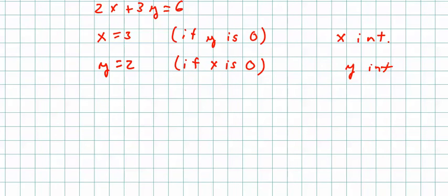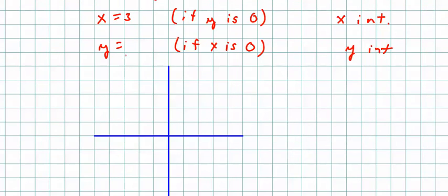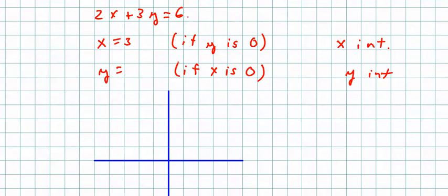So let me draw the graph. Okay, and I didn't write it down, I thought I did. So let's look back at our equation. If x is 0, y is 2. I might have accidentally deleted that. So the x-intercept right here is 3, so I go over 1, 2, 3.